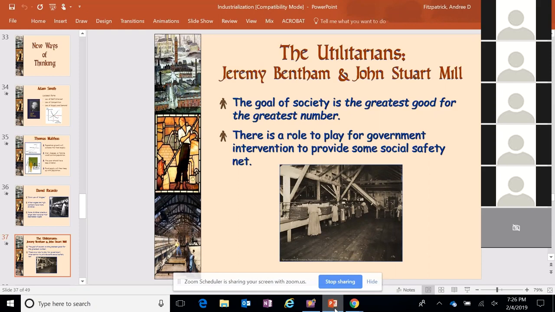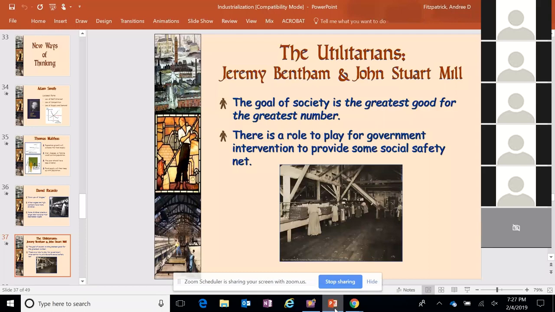And John Stuart Mill was a believer in classical liberalism, which is the basic idea that capitalism is good, but there is a role for government even in capitalism, because ultimately we should be looking at what's going to produce the greatest good for the greatest number of people. That's utilitarian, right? That's the most useful thing.